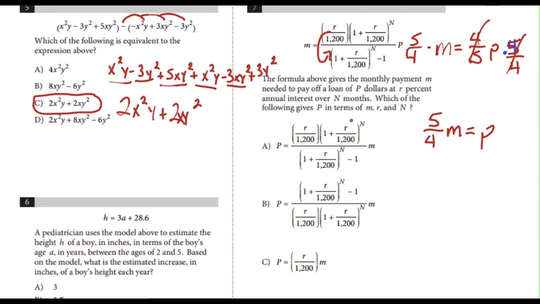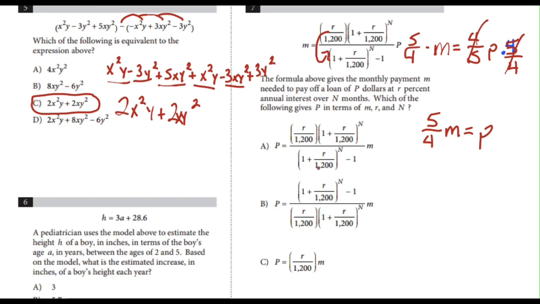And as we can see, when we look at answer choice B, we have 1 plus r over 1200 to the power of n minus 1 over r over 1200 times 1 plus r over 1200 to the n power times m. All we're doing is we're flipping the fraction in front of p.